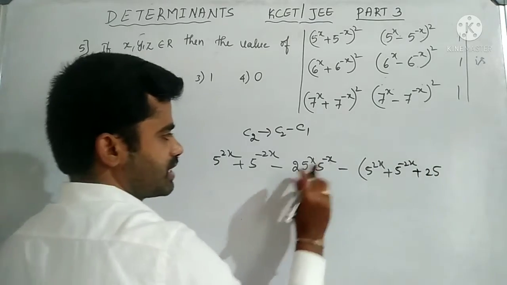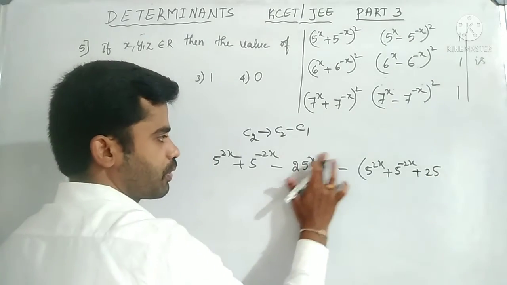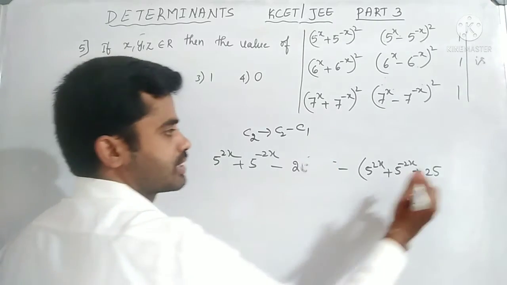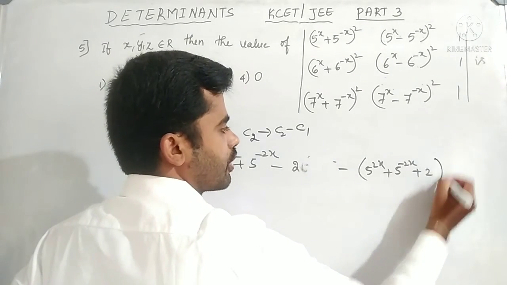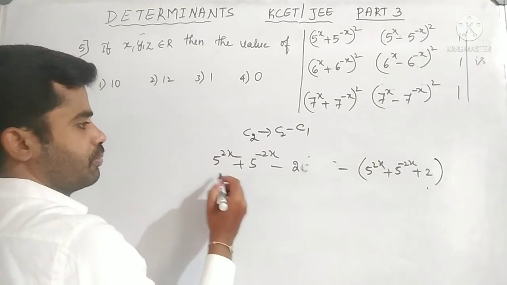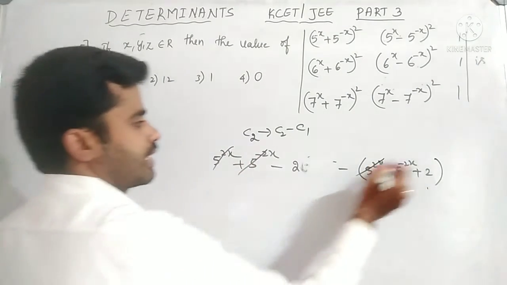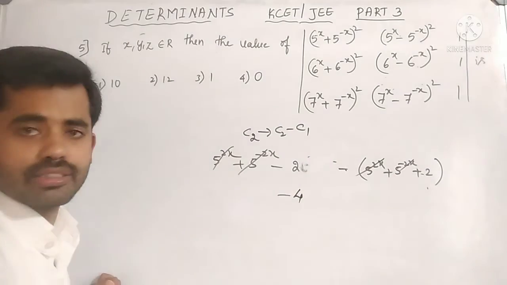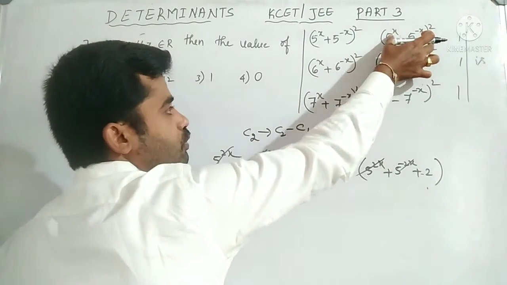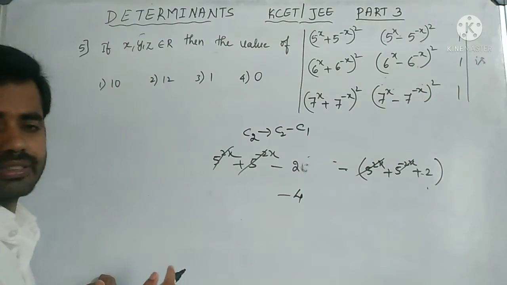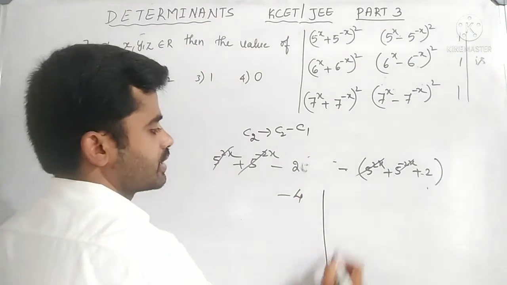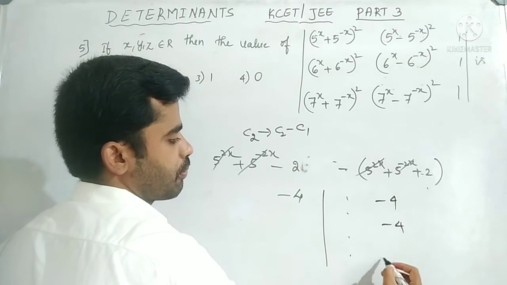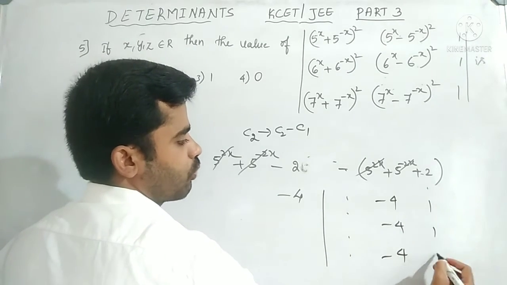The base 5 is the same, so you should add the powers. 5 to the power of 0 you will get, which is nothing but 1. The same way here 1. Then the minus gets cancelled, then minus 2 here and minus 2, minus 4 you will get. So C2 becomes minus 4, minus 4, minus 4. Be careful, the rest is as it is. This becomes minus 4, minus 4, minus 4, and 1 1 1.